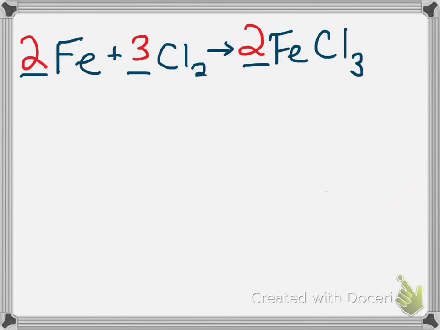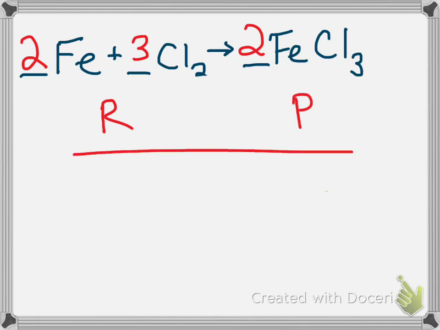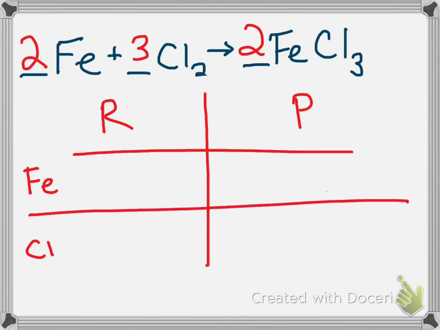I can create a chart to show how this is balanced. So I'll have my reactants on one side and my products on the other side. And then my elements, I have Fe and Cl. So on my reactant side, I have 2 Fe's, and I have 3 Cl2s, so that's really 6 Cl's.